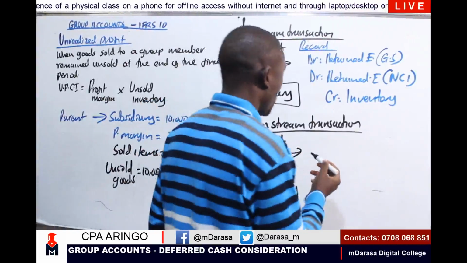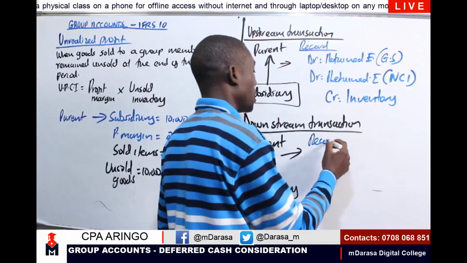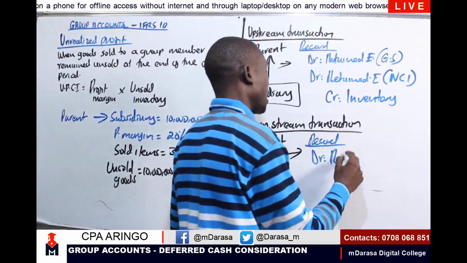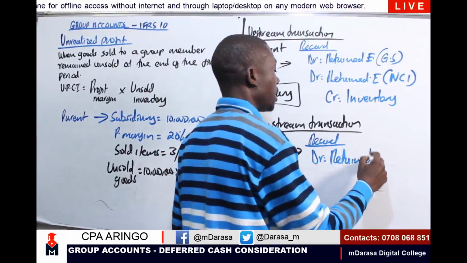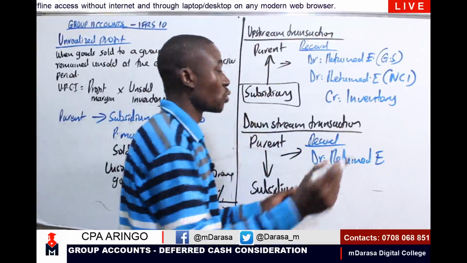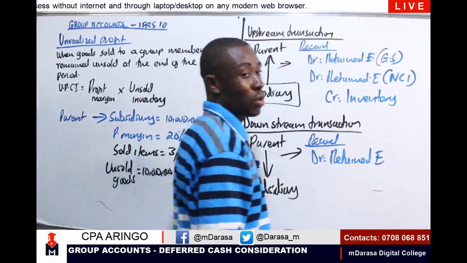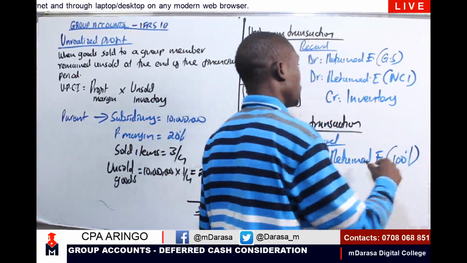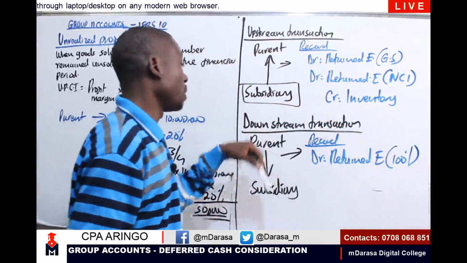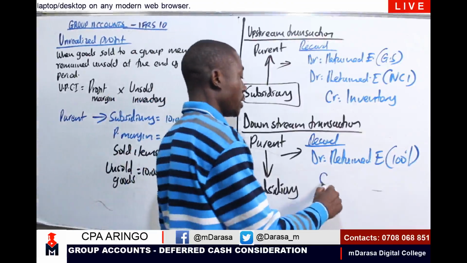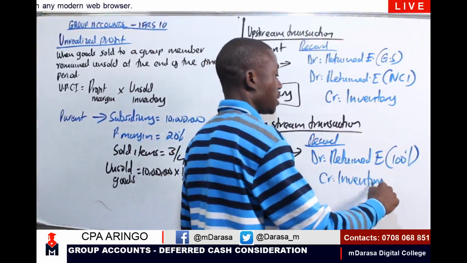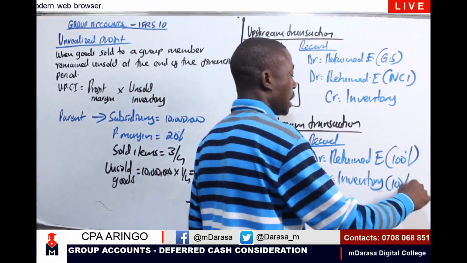To record our transaction here, my good students, I'll be required to debit our retained earnings of the group with the whole 100%, because it is only the parent. And therefore we credit our inventory with 100%.